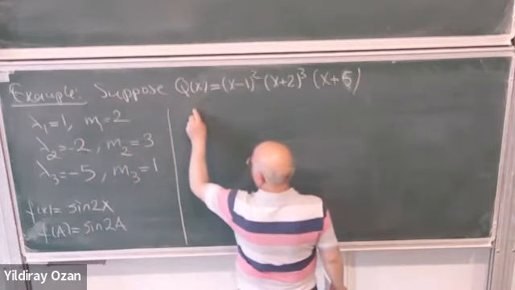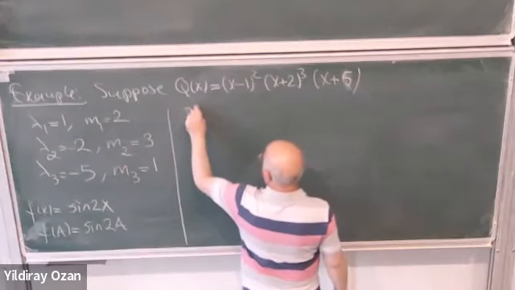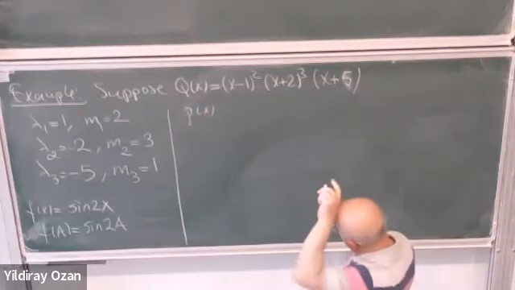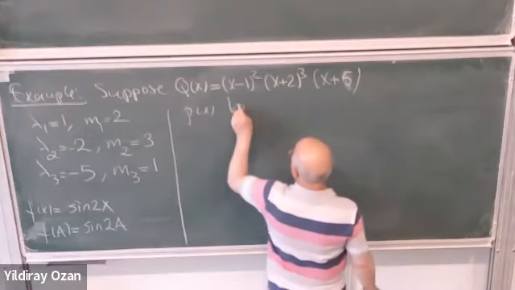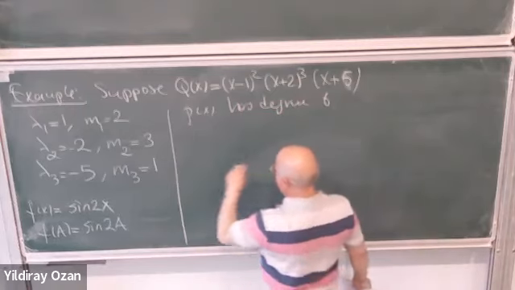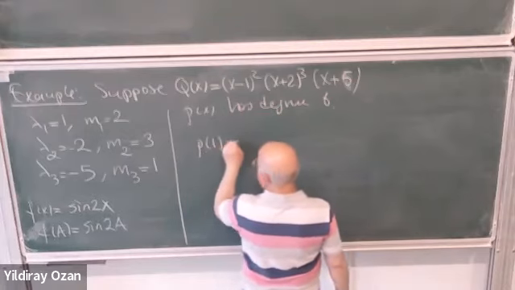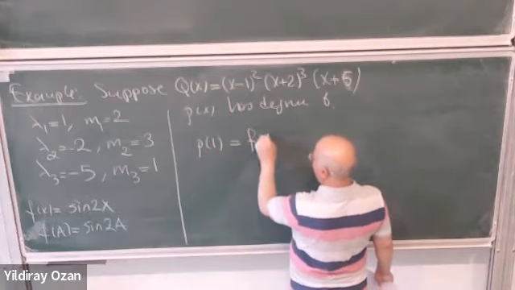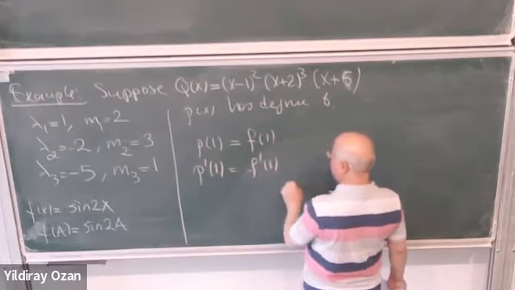P of x will have degree how much? P of x has degree 6, right? And what are the equations? P of 1 is f of 1. P prime of 1 equals f prime of 1.